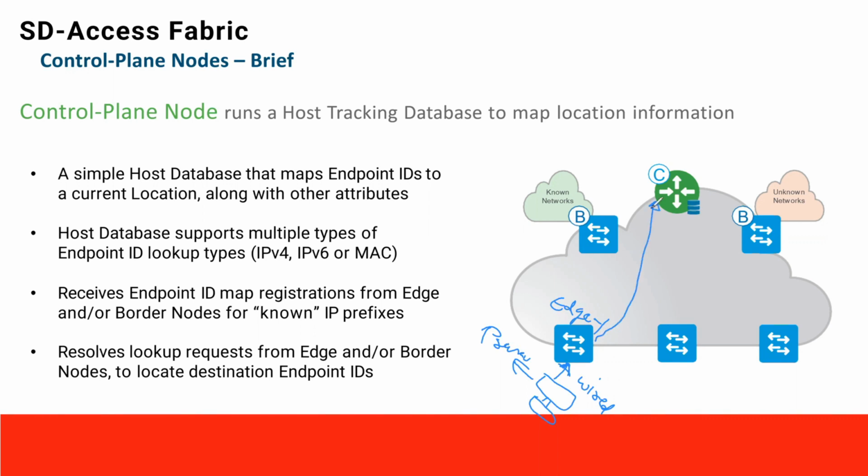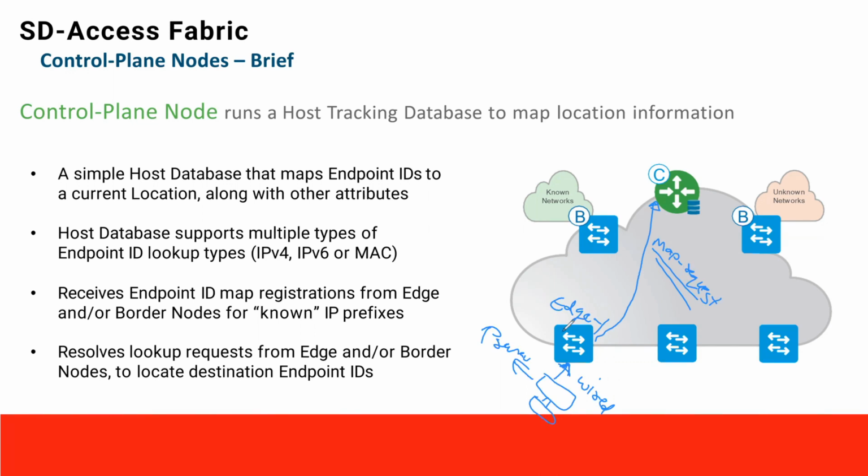it updates the control plane node, and this is known as map request. We have a detailed diagram later on, but just for better understanding now, I'm letting you know this earlier. It's known as map request.